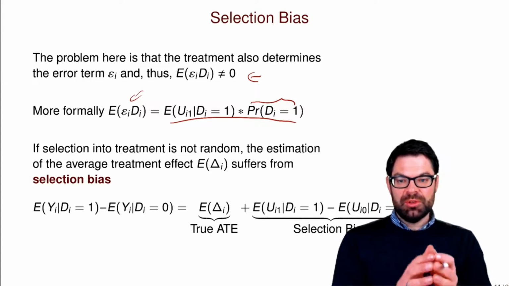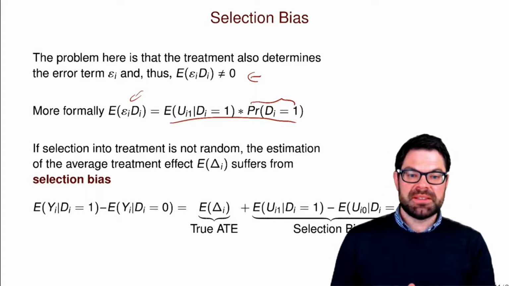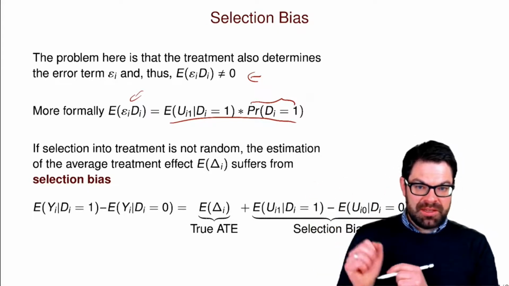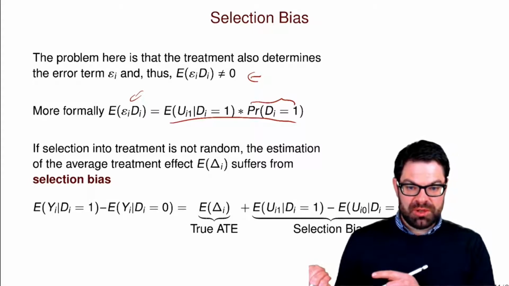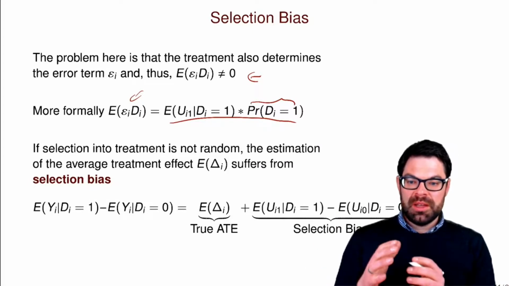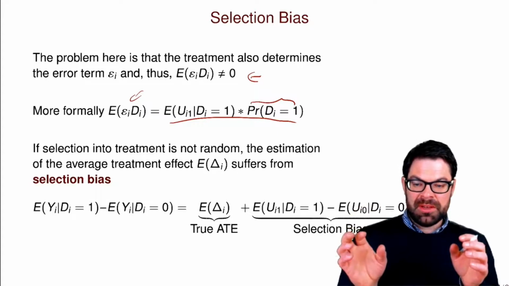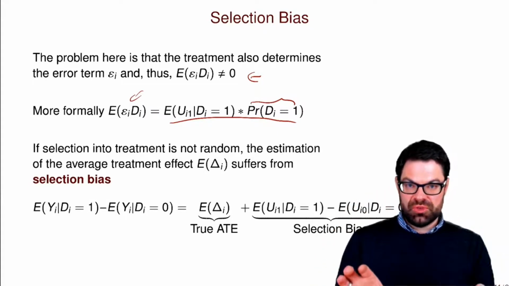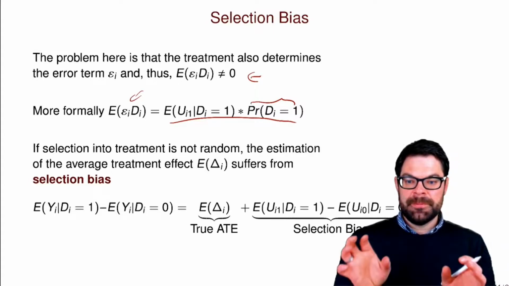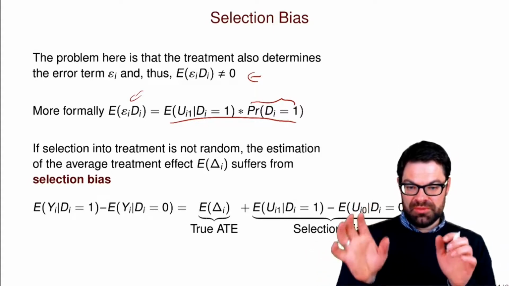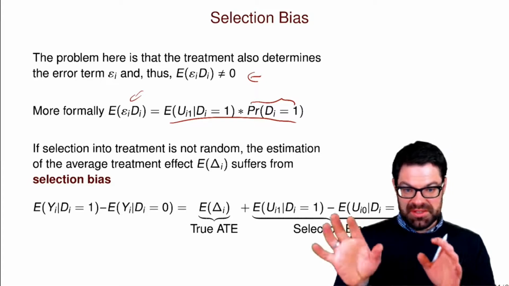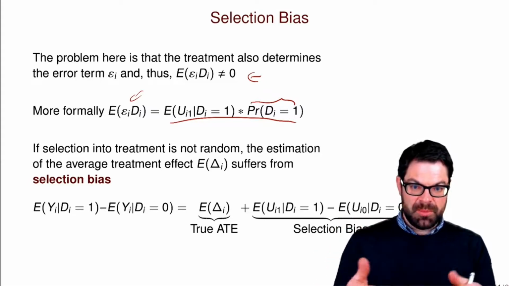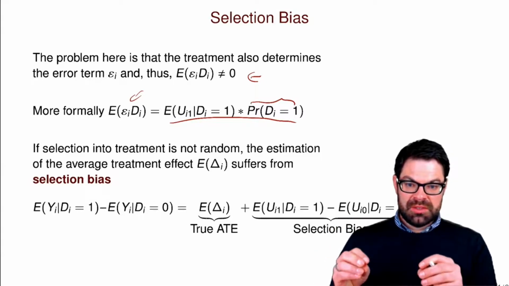And we can even look closer at the selection bias, either by running that regression that I've shown on the previous slide, or by just comparing the outcomes of people who chose to get treated and those who did not choose to get treated. Running that regression or doing that comparison, the two things are equivalent, okay, because we have a binary treatment here.